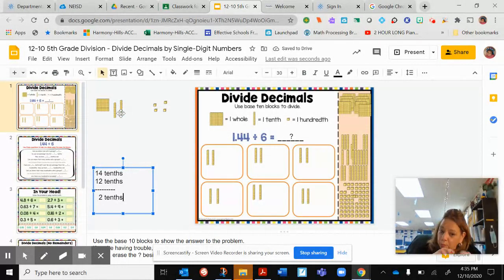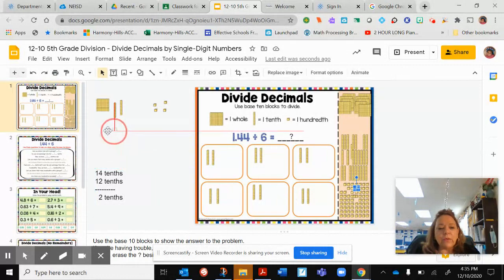So I can break those apart. Yep, absolutely. I'm going to have a total of 20 because out of my first rod, I have 100, 200, 300, 400, 500. Did I get 5? Yeah.